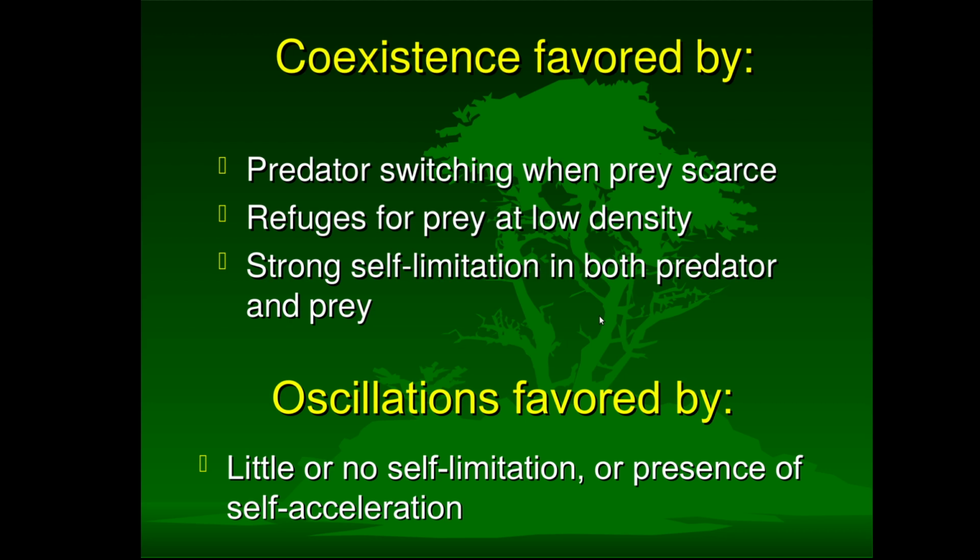That can cause wide oscillations. So we've explained a lot about predator-prey interactions just by playing around with the isocline geometry, and that gives us some interesting insights into what's going on in predator-prey interactions.